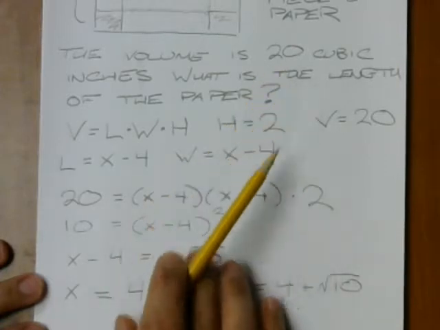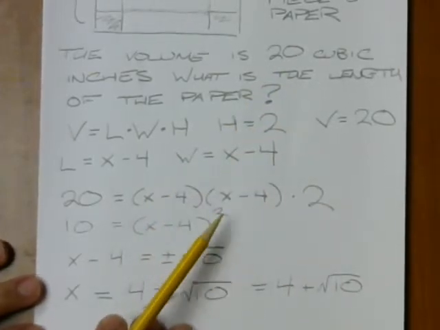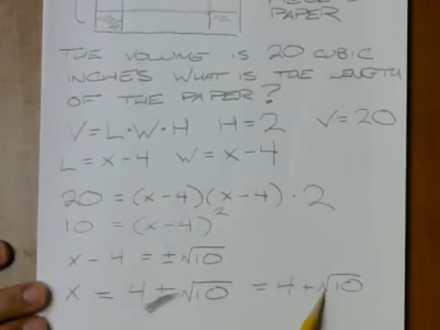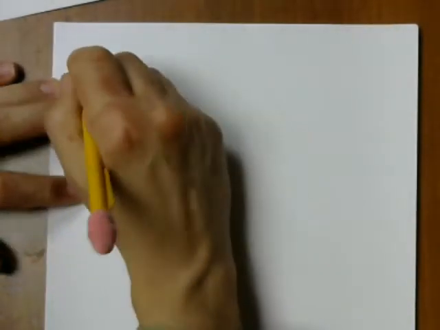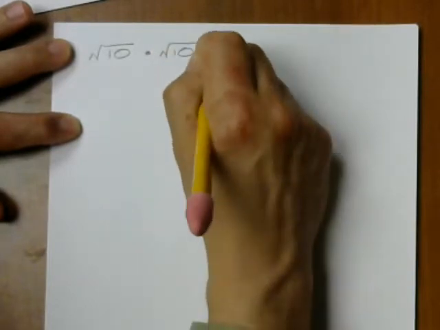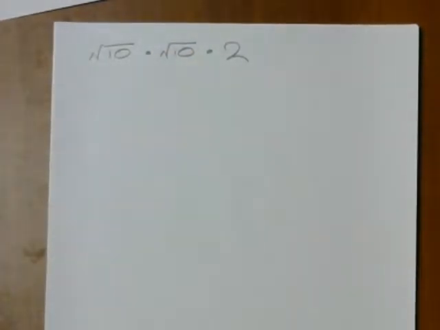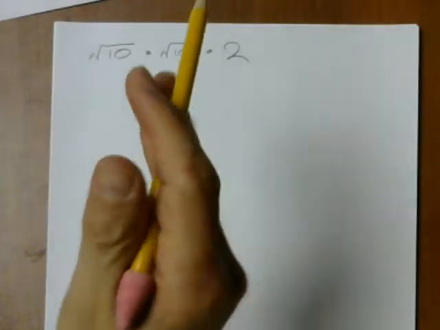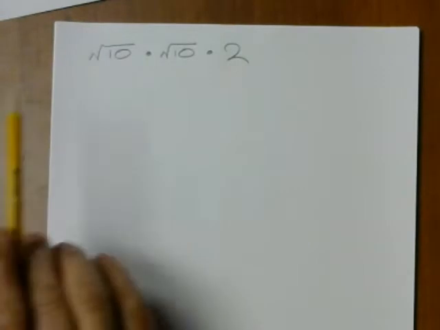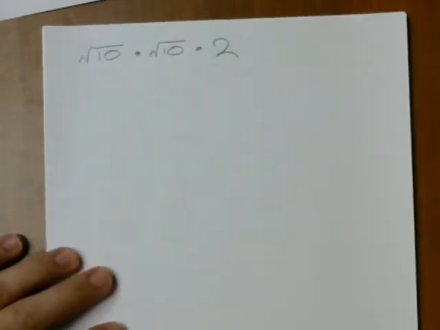But you know what? We did a lot of work. This is a long problem. So let's check it. If x is 4 plus root 10, and I cut off 4 inches, my box is going to be root 10 by root 10 by 2. Remember, I had 4 plus root 10 for the length of the paper, and I cut away 4 inches, so I'm left with root 10. That's the length times the width times the height.